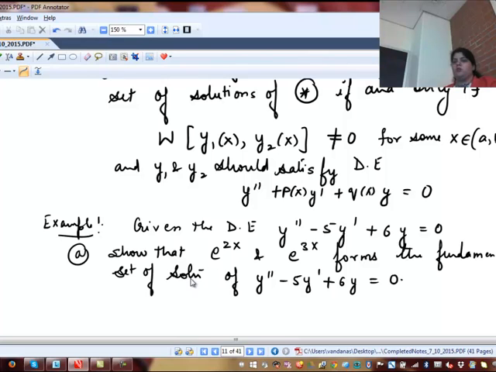Okay, so we want to verify that these two members together will form the fundamental set of solutions of this differential equation.